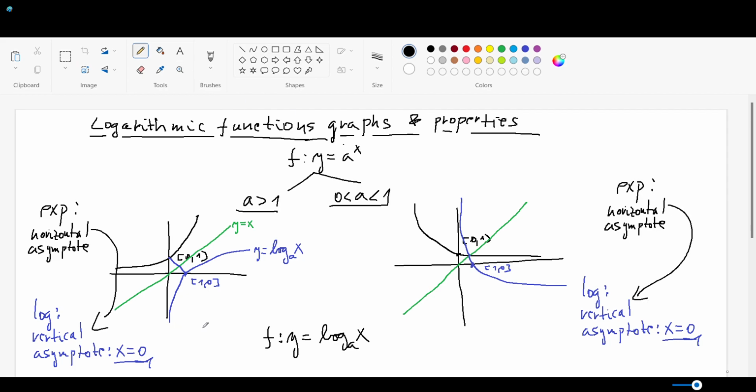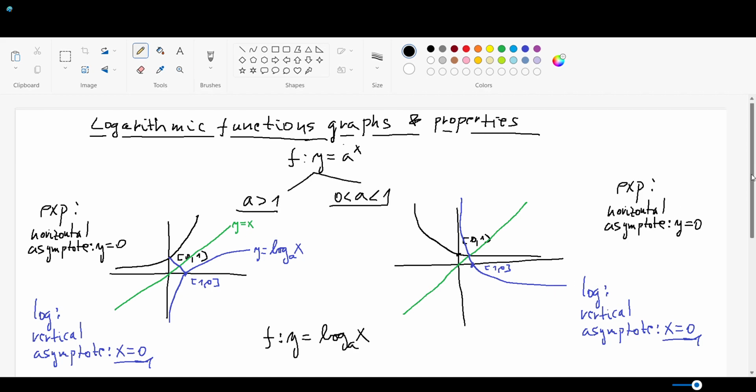The same applies here. Just to summarize, for the exponential function the asymptote is y equals 0, and for the logarithmic function the asymptote is x equals 0.